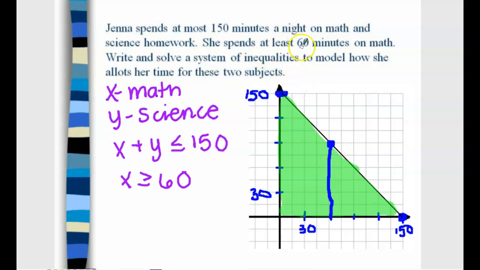Oh, wait, shoot, never mind. How did you get the equation for what? The first equation? I'm sorry. Yeah, but X plus Y is less than 150. How do you get that line up? Because each X and Y intercept is 150.